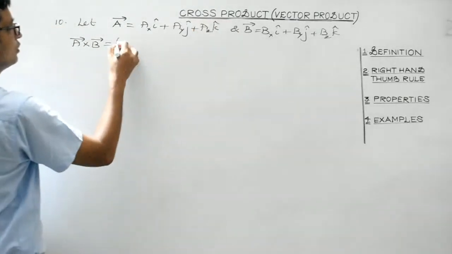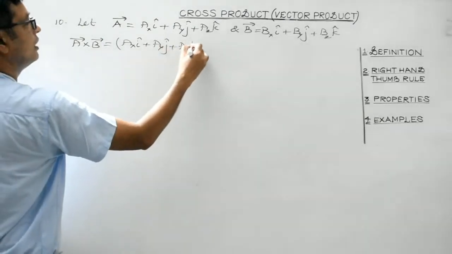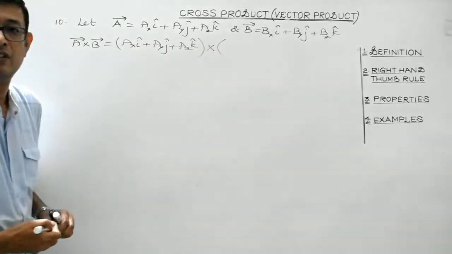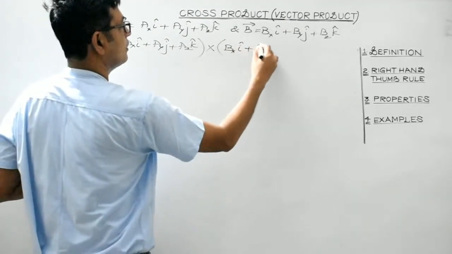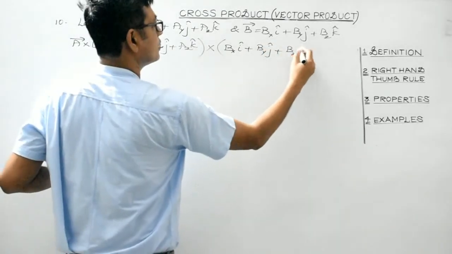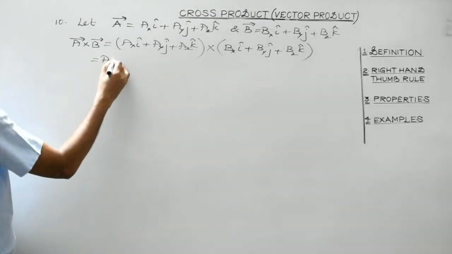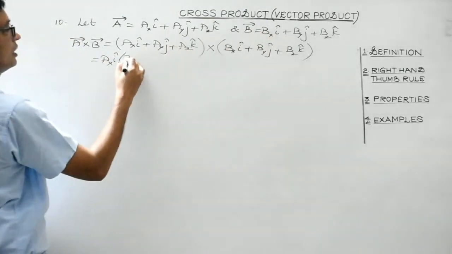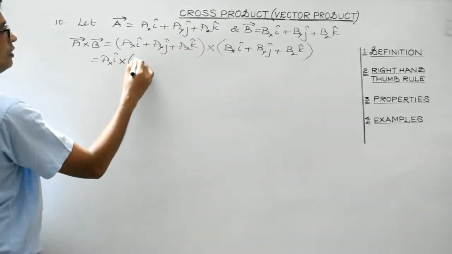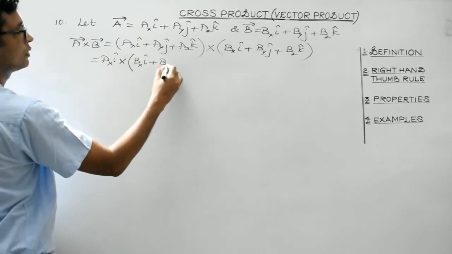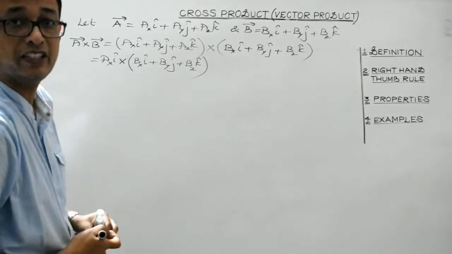So the cross product of these two will be ax i cap plus ay j cap plus az k cap, cross bx i cap plus by j cap plus bz k cap. Let's try to simplify it. So what you get is ax i cap, the same term, cross bx i cap plus by j cap plus bz k cap, right?